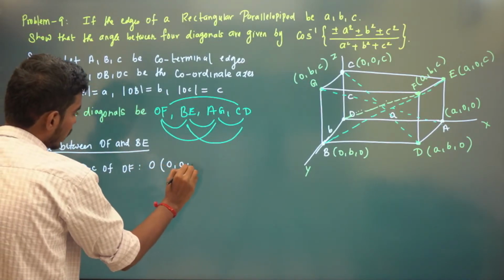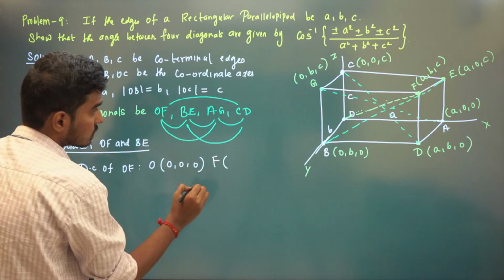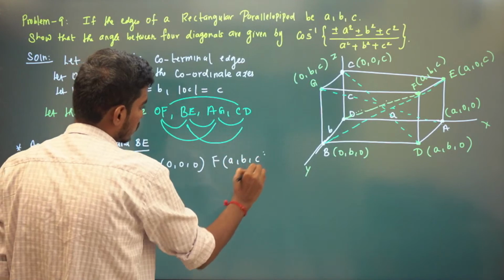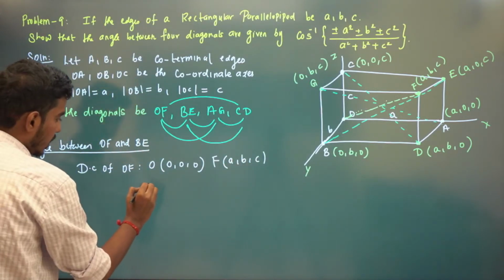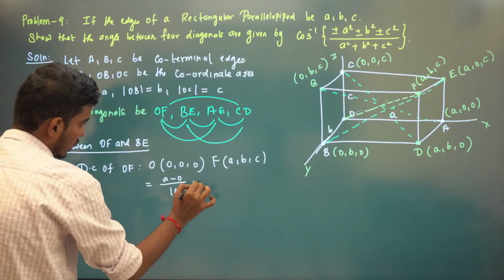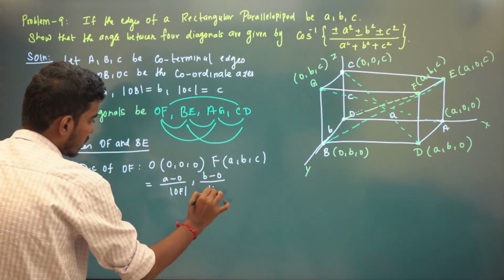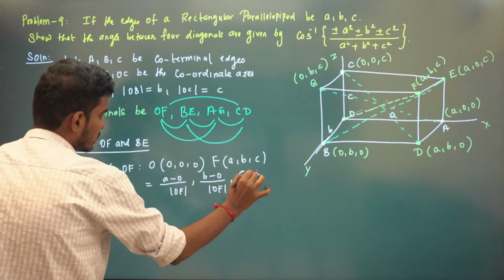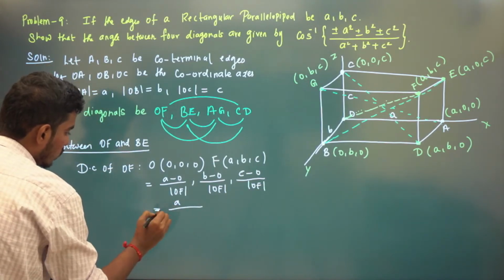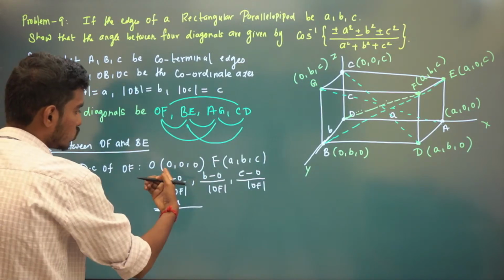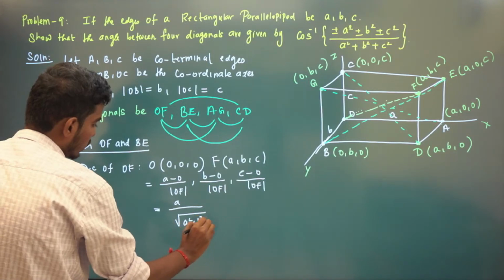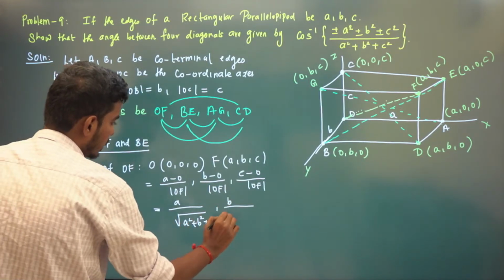So O is 0, 0, 0, F is a, b, c. Therefore the direction cosine of OF will be x2 minus x1 divided by the length of OF, y2 minus y1 divided by the length of OF, z2 minus z1 divided by the length of OF. Now what is the length? It is the root of (x2 minus x1) whole square plus (y2 minus y1) whole square plus (z2 minus z1) whole square. So we have the root of a square plus b square plus c square as the length.